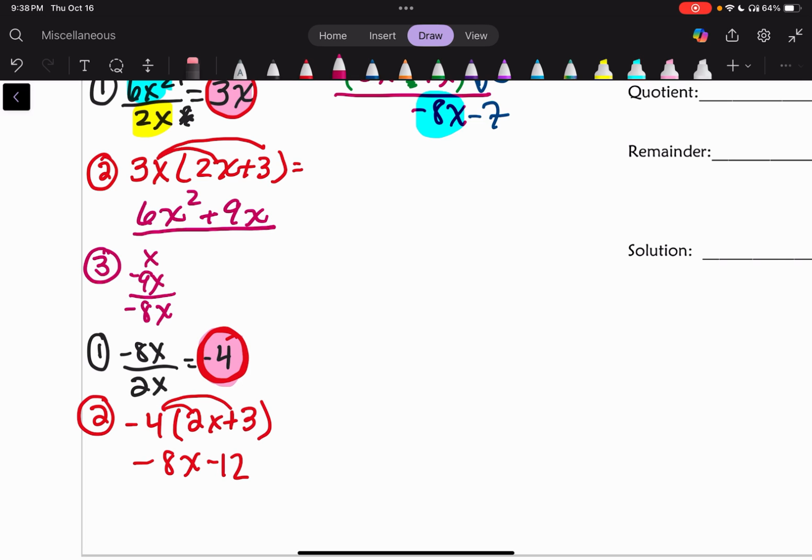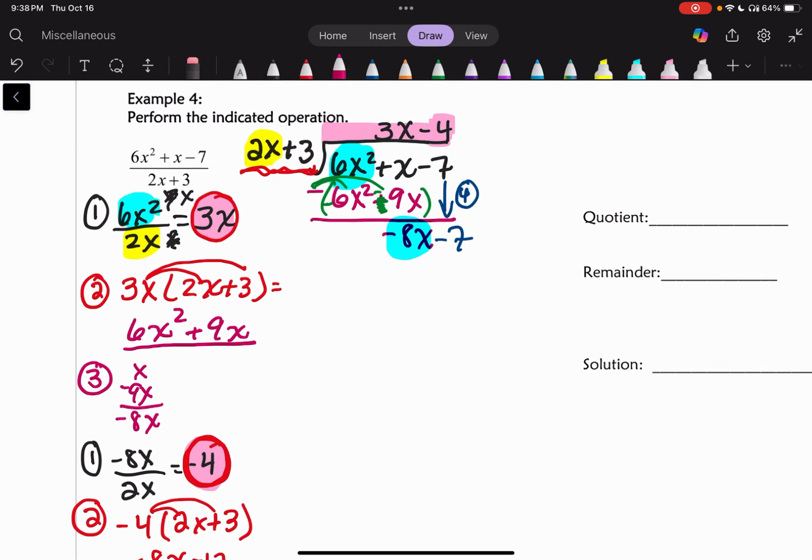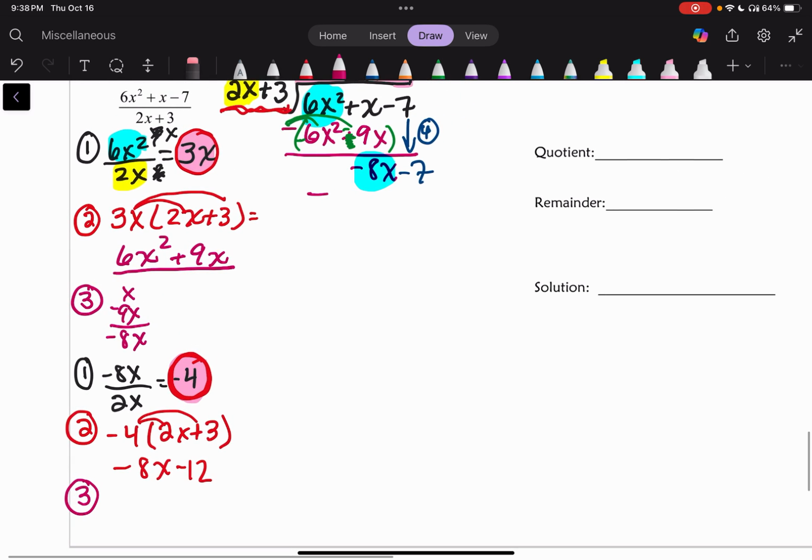So then from there, we're going to move on to step 3. Step 3, remember, we are subtracting. So I'm going to go right over here, back up here again. I'm going to do minus, and then I got to go back down to make sure that I copy this correctly. 8x minus 12. Do not forget to write in that subtraction symbol right here. It's very helpful because then you need to know that you are going to distribute.